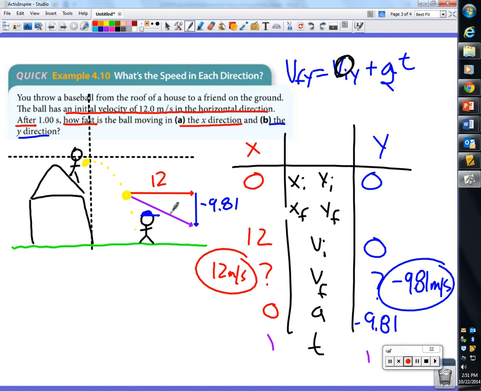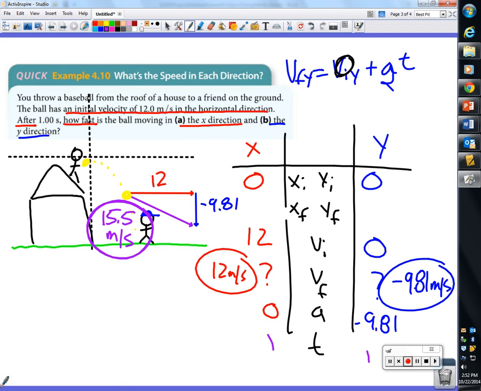So we can find the hypotenuse of this triangle, and that will get us the speed of the ball at that moment. Brett, is that what you wanted to do? Or did you have a question? No, okay. All right, good there.